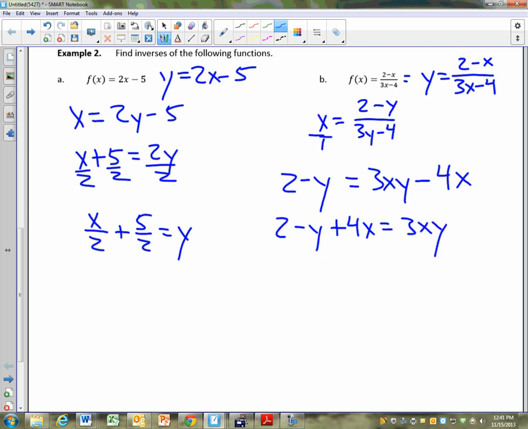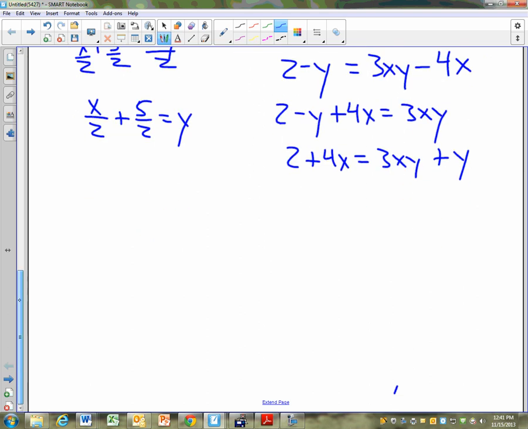We took everything that doesn't have a y and put it on one side. Then we took everything that does have a y and put it on the other side. And then we factored out the y. And when you factor out the y, now the y is isolated.